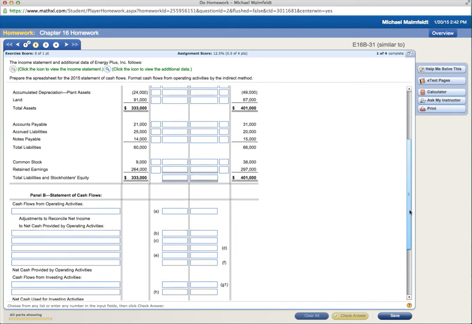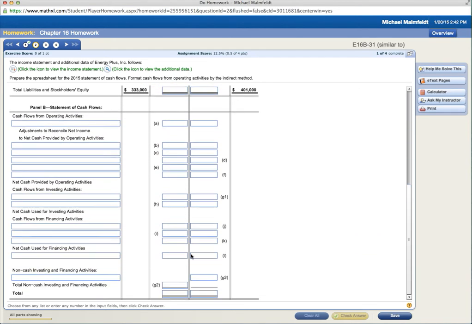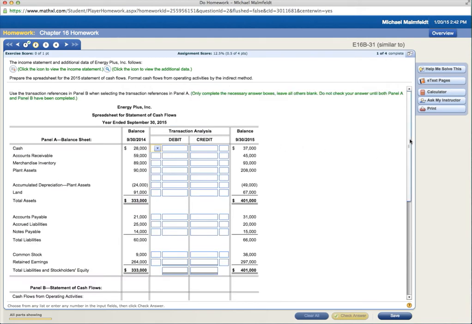And when we enter those numbers and the various categories here, these are the letters that we will use when we enter those same numbers up here to get us from the beginning balance of the balance sheet at the end of September 2014 to the balance sheet at the end of September 2015.